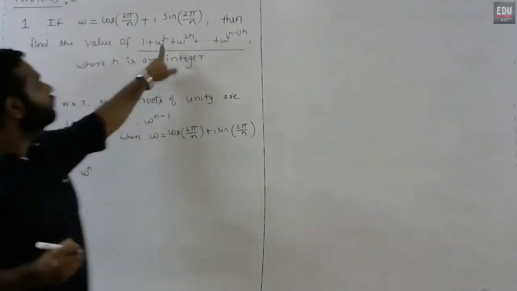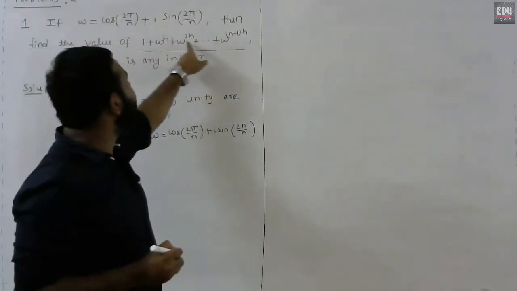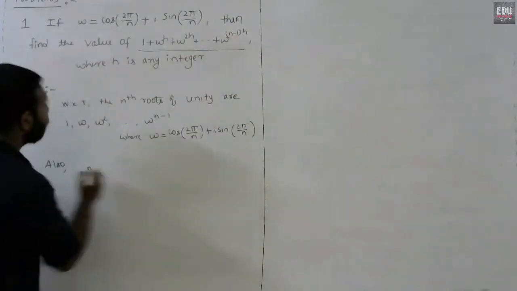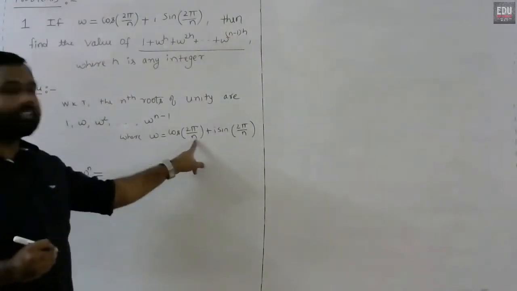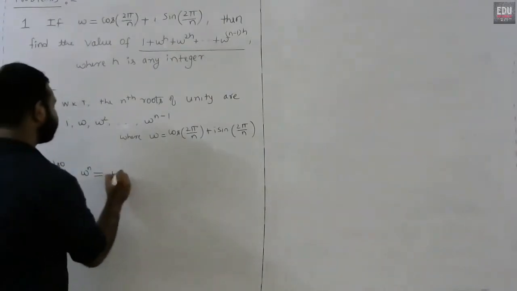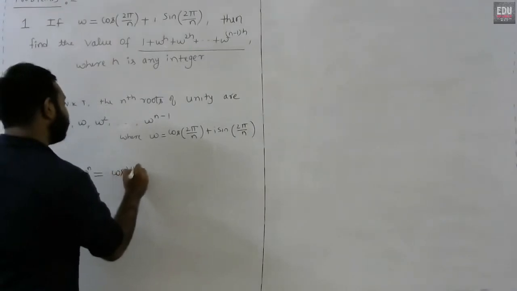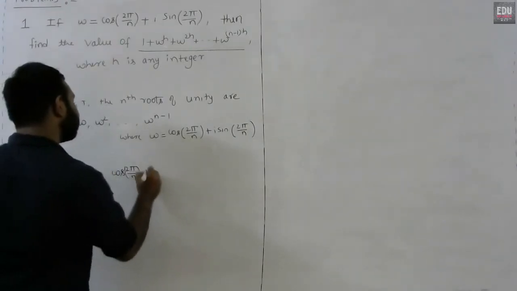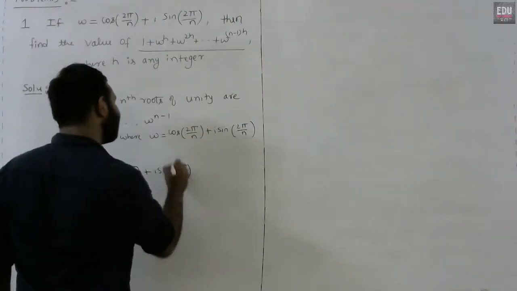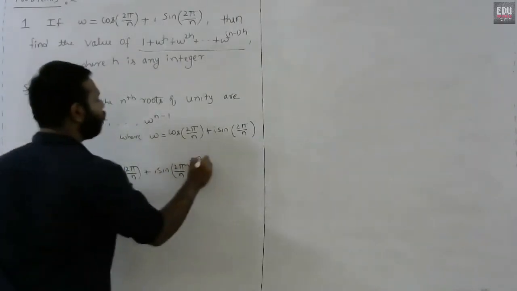Also consider, as we have to find omega power some integer, first we shall see what is omega power n, where n is an integer like this. So omega power n is cos 2 pi by n plus i sin 2 pi by n, whole power n.